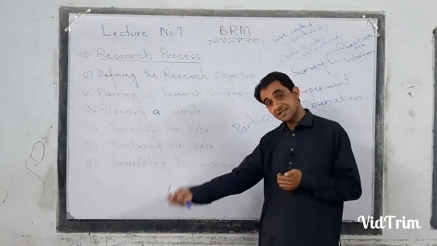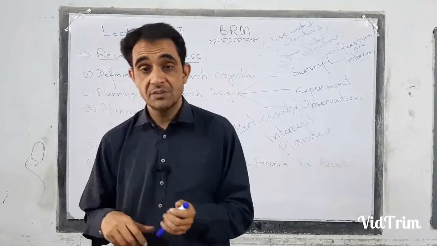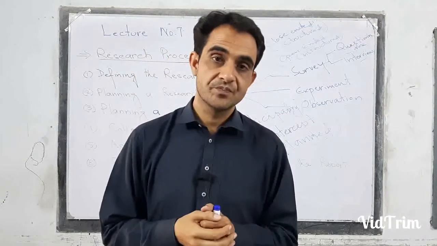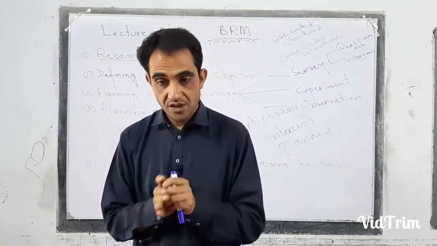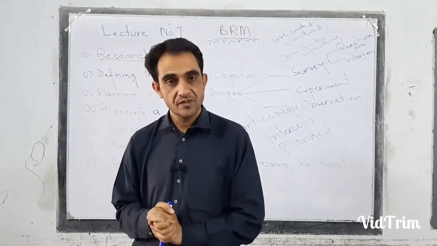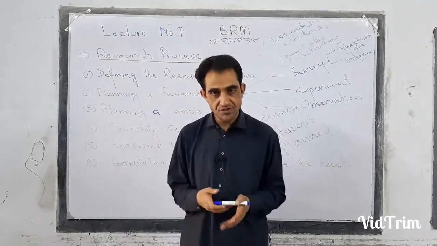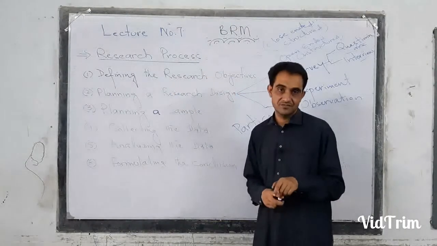When the analysis is completed, we will reach a conclusion. Or in other words, we will be able to find out the solution of the existing problem. When we are finding out the solution of the existing problem, it is called formulating the conclusion.